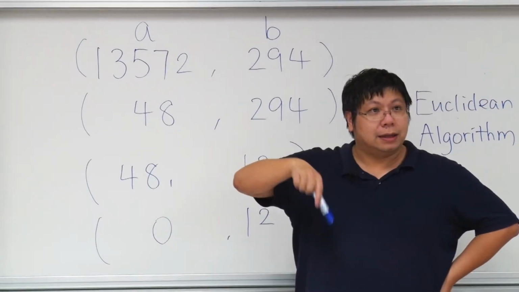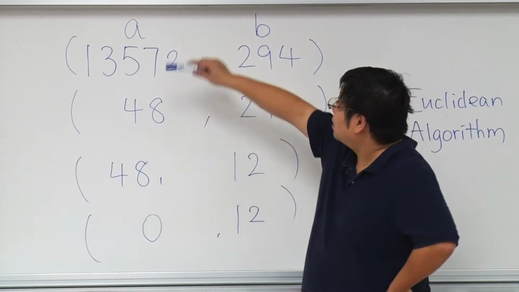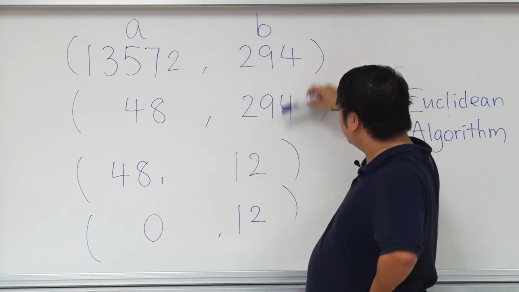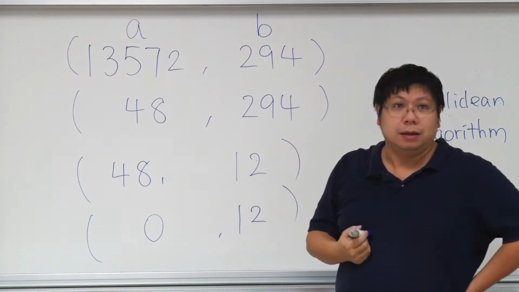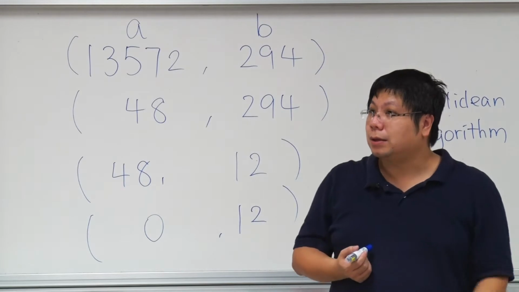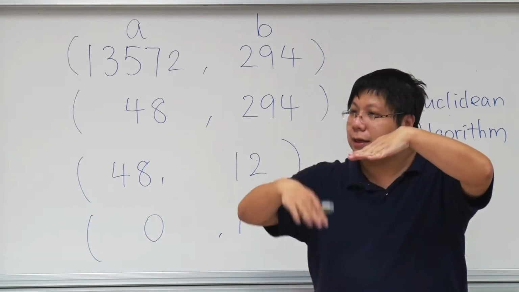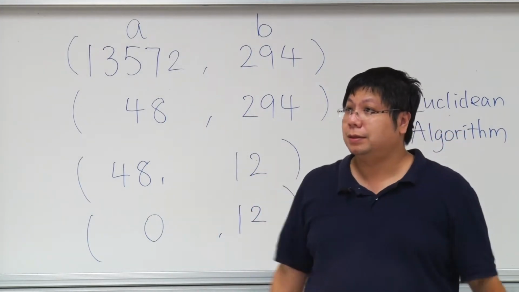One number will get decreased, right? So here A will get decreased or B will get decreased. We want to argue that the number that is going to decrease is going to decrease at least into half of it.